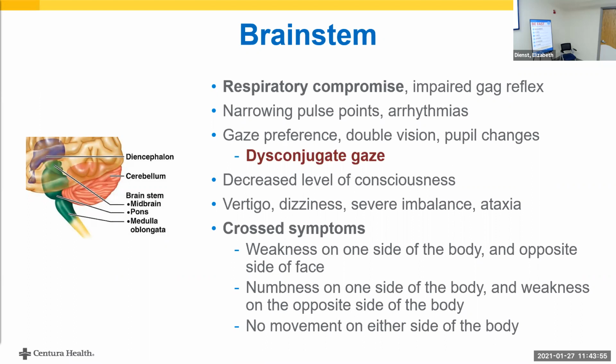They can always present with imbalance and things like that, but if you see them, you're going to see weakness on one side of the body, and the face will be having problems on the other side. So like I said, right strokes, left side. This time you're going to see left-sided issues, but the right side of the face. So it's that cross symptoms, and it's going to be very different than what you see.